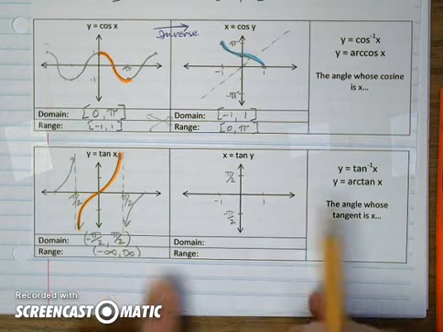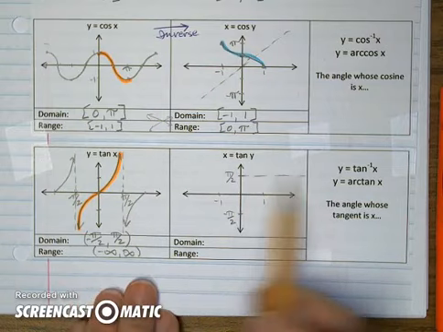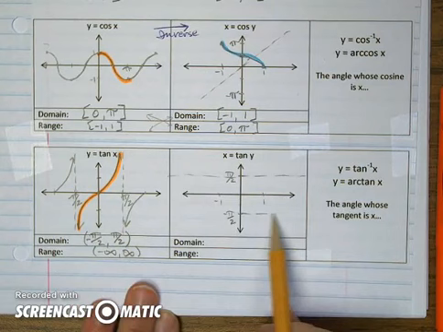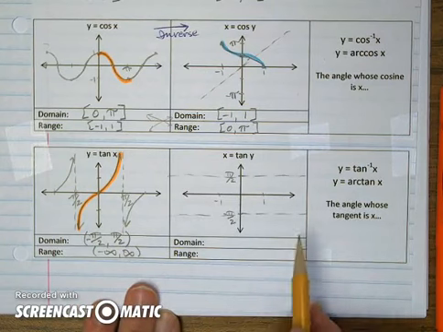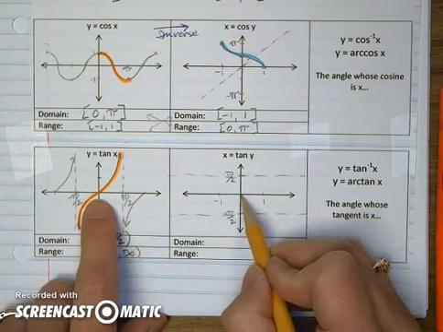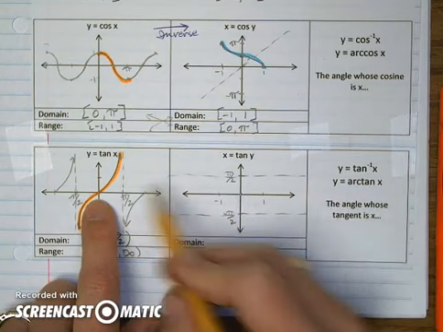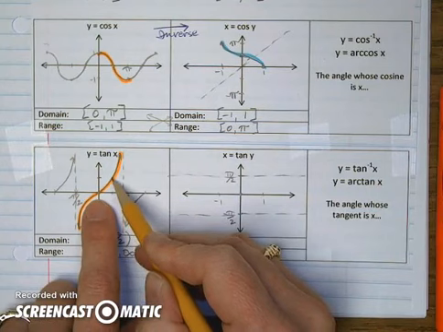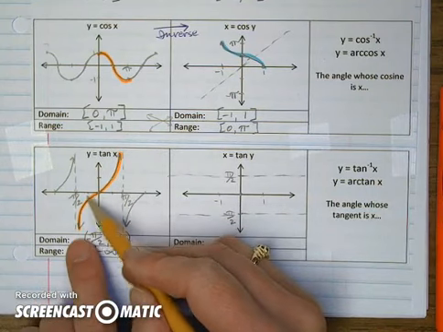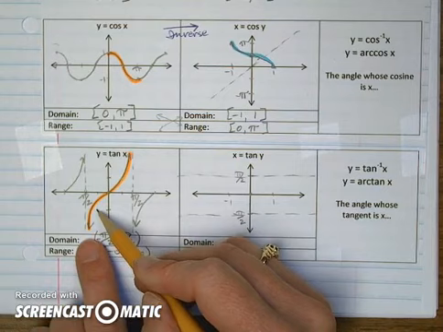So my asymptotes now are horizontal. My graph, 0, 0, still the same. But the graph now, remember at pi over 4, the graph is at 1. And at -pi over 4, the graph was at -1. My graph is a little off. This should be over here.